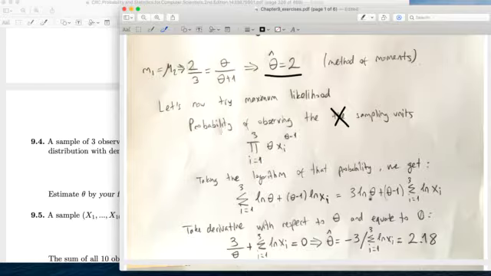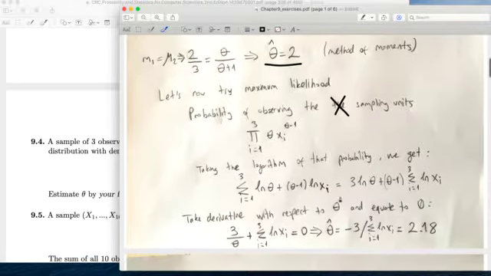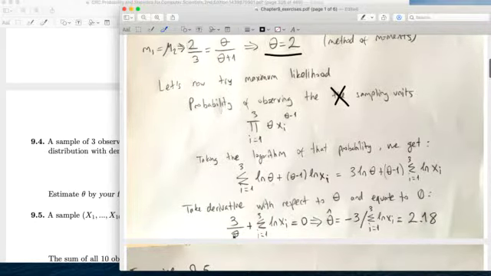Now, our goal is to maximize with respect to theta. So we need to take the derivative of this equation with respect to theta. When you take the derivative, this part becomes 3 over theta. Let me just repeat that.